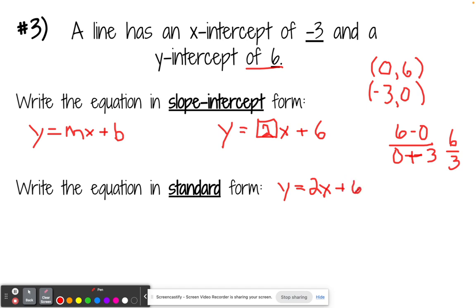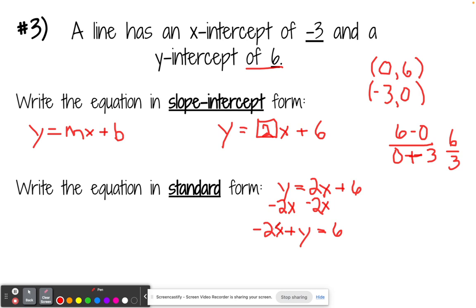I can do that by subtracting 2x from both sides. I get negative 2x plus y equals 6.